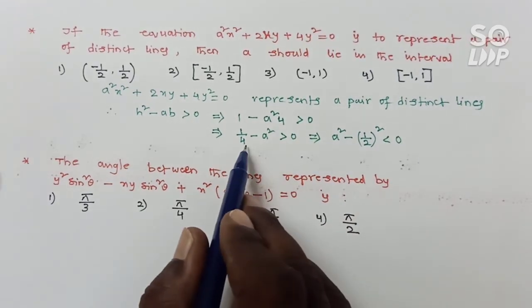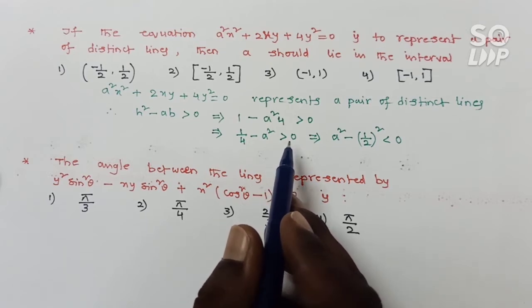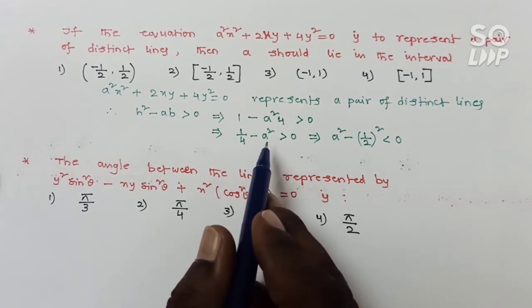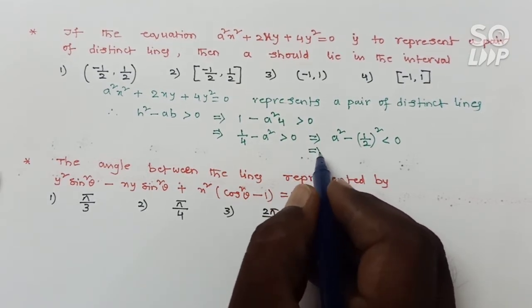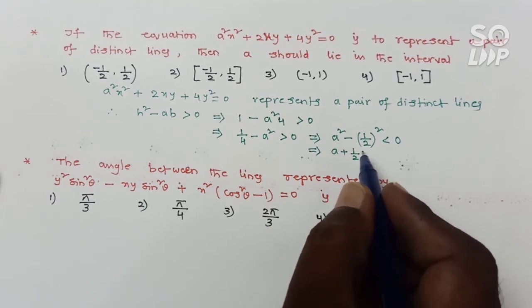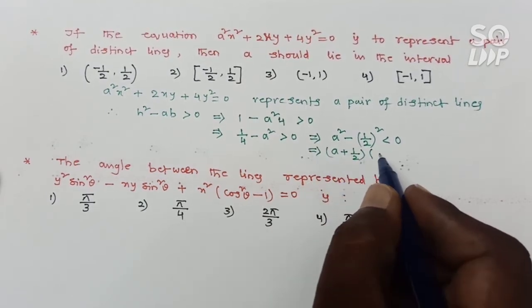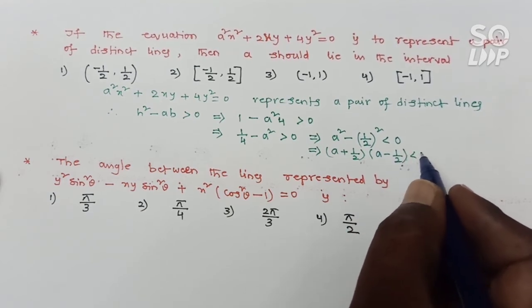By multiplying with the negative sign, greater than becomes less than and less than becomes greater than. So this you can write as a plus 1 by 2 into a minus 1 by 2 is less than 0.